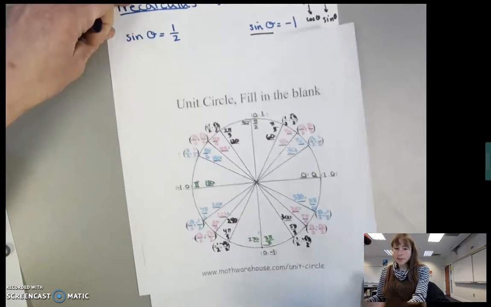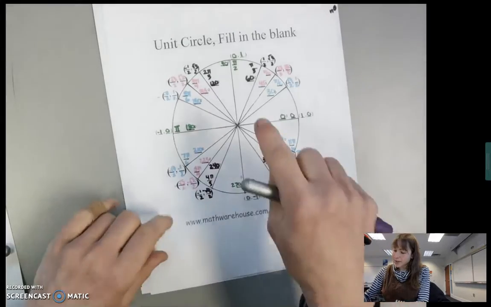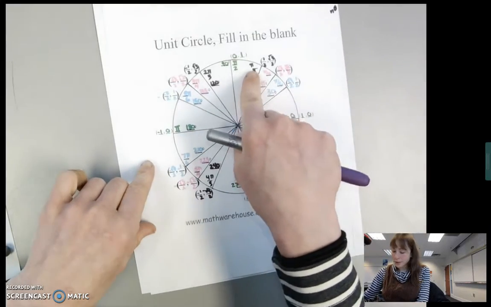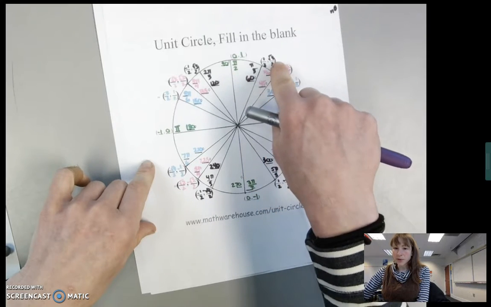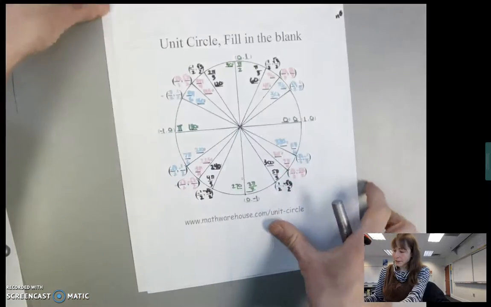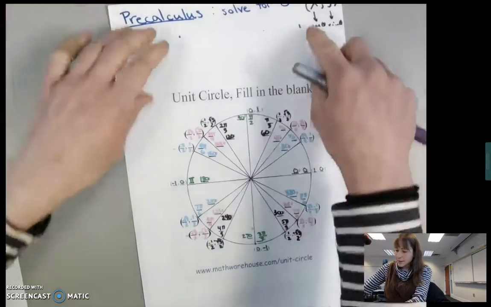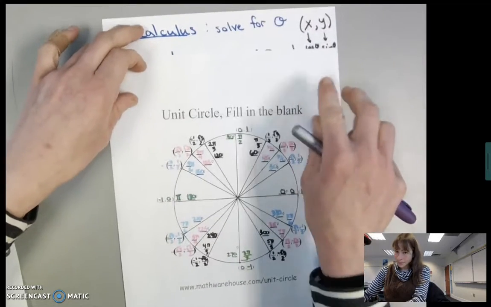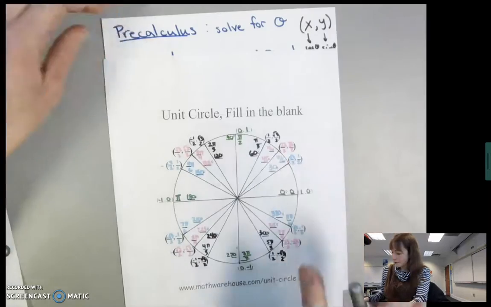So for example, looking at my unit circle, if I want to know the sine of pi over 3, I go to the angle pi over 3, and I read the y-coordinate. It's √3/2. The cosine of pi over 3, since cosine is the x-coordinate, I go to pi over 3, and I look at the x-coordinate, it's 1/2.